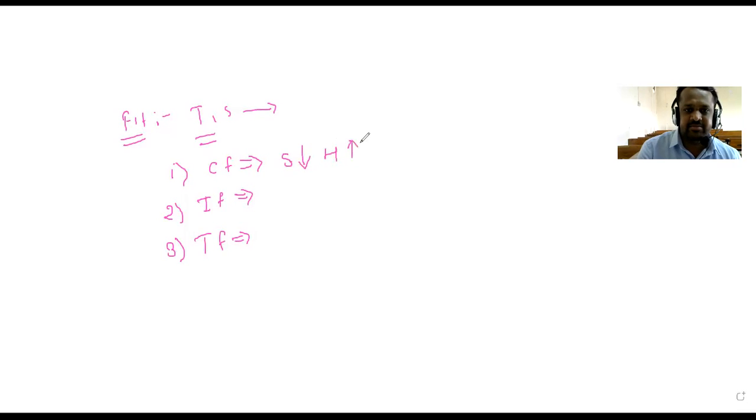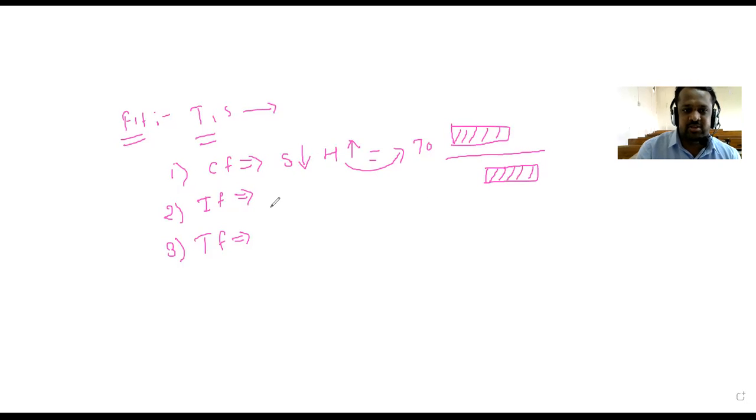That means the tolerance zone of the hole is above the tolerance zone of the shaft. It is called the clearance fit.